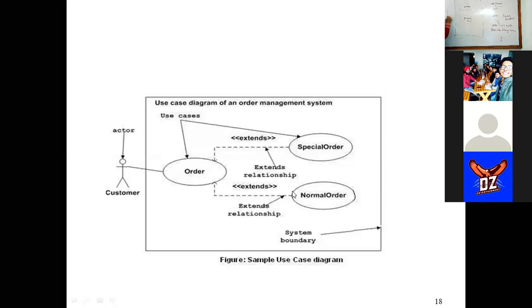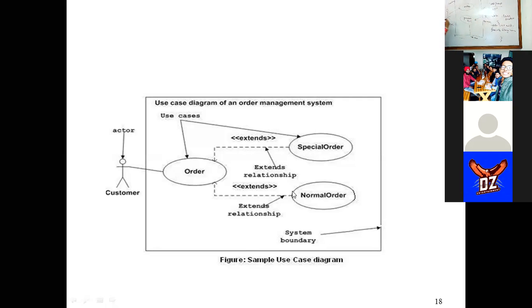Suppose this stick man is the customer, or we can say this is the actor. These are two use cases. This customer is giving an order, and on the other side the manager is generating a bill.